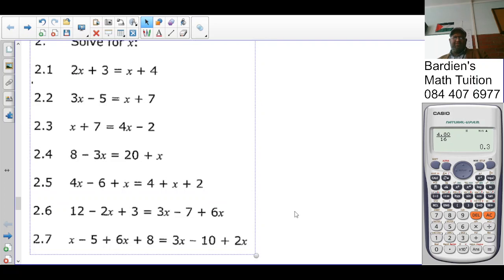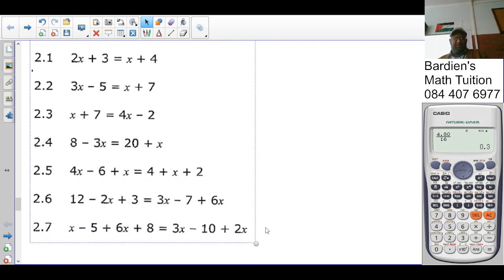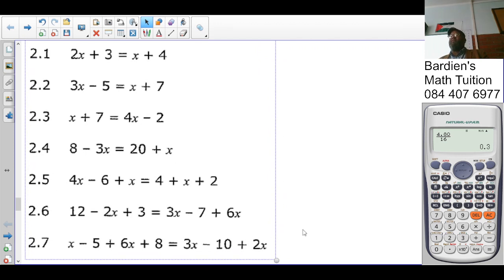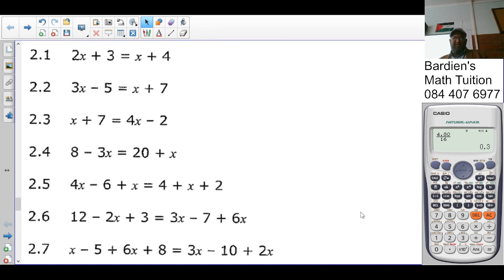There are 7 sums. I'm going to pause the video at this point, and then I'm going to call you row by row as I normally did, okay? So I'll give you a couple of minutes to sort it out. I'll start calling you up row by row, okay? So I'll pause the video at this point.